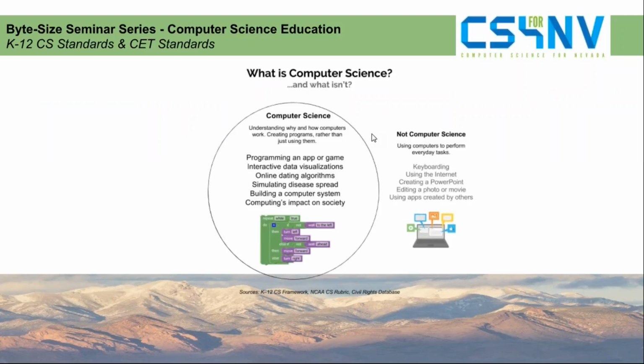So what is computer science and what isn't it? Because a lot of folks are saying, well, we already have our technology classes, we're already doing it. Computer science is, as you can see on the left, understanding why and how computers work, creating programs rather than just using them. So programming an app or a game, interactive data visualizations.